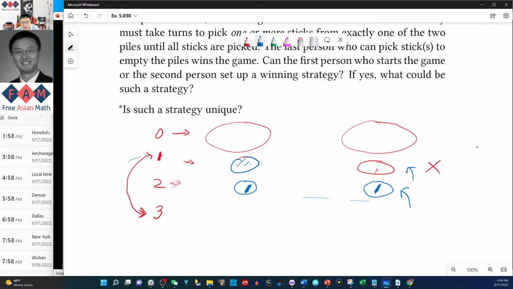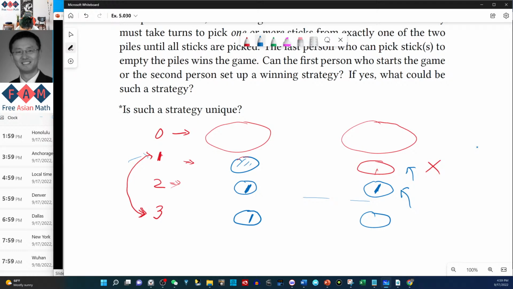Namely, a 1-1 piles. That means that in the previous round, because he only picked from one of the two piles, at that time, at least one of the two piles already had one stick because he cannot pick from both. So it must be the case that one of them at that point had exactly one stick.